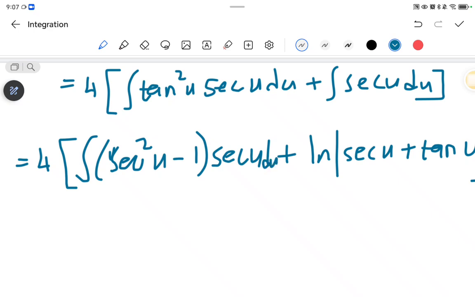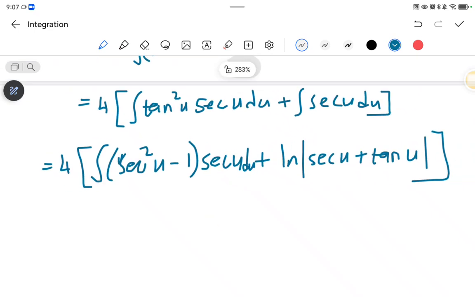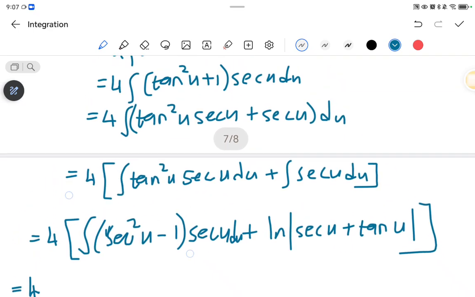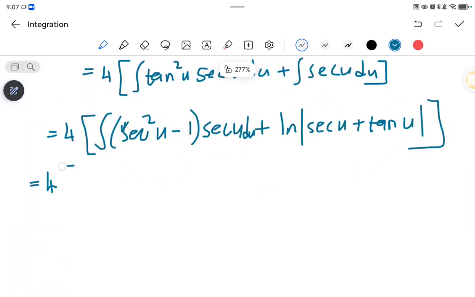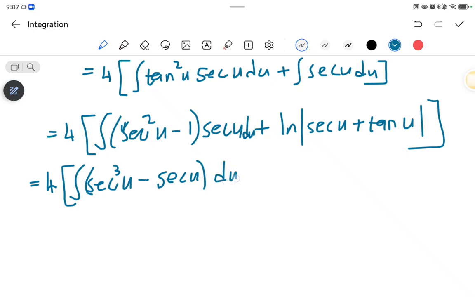We agree, right? And then now I come to this one where I want to integrate sec cubed u. So for me to integrate this, I can multiply through. I'm going to have sec cubed u minus sec u du plus ln.